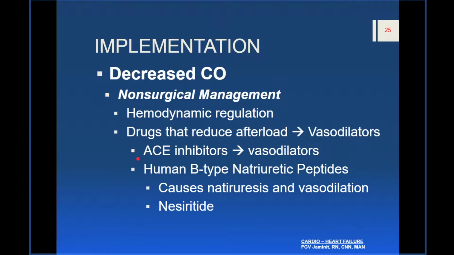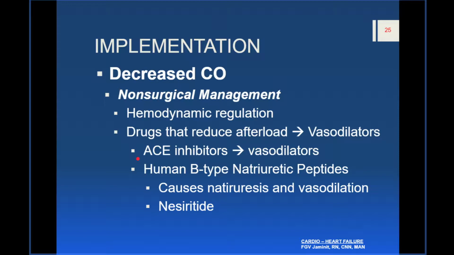Remember, as I mentioned during the discussion of RAAS, angiotensin, specifically angiotensin 2, is a good vasoconstrictor that increases the blood pressure of the patient. So what we would want to do is to decrease it so that it may decrease the afterload. We can do that by preventing the conversion of angiotensin 1 to angiotensin 2.